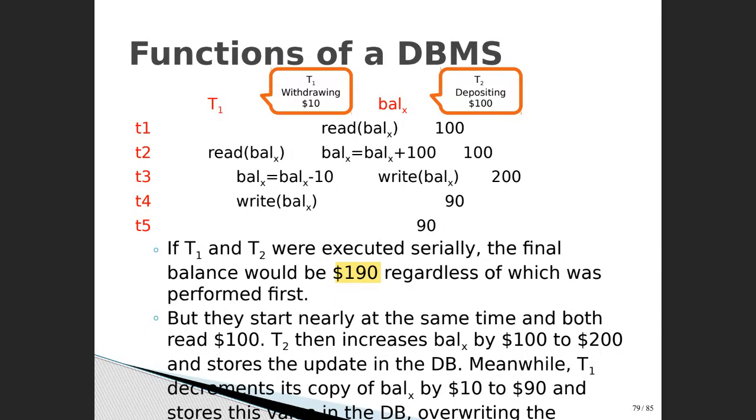When someone withdraws $10, it will take the first balance, which is $100, without updating it to $200, because it's done at the same time. Okay, if there is no control over the concurrency, there will be $90 only in the balance, because transaction number 1 will assume that the balance will be 100 only.